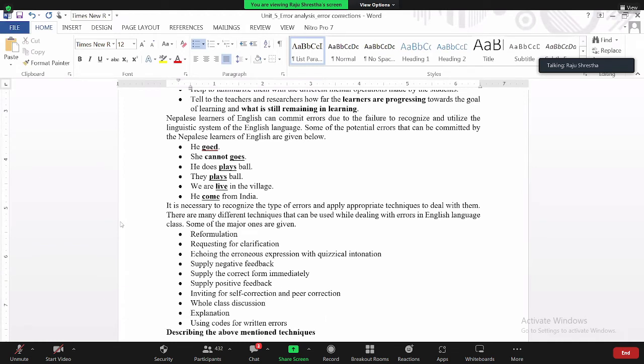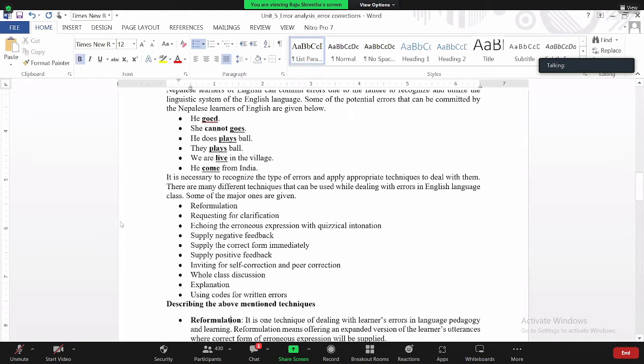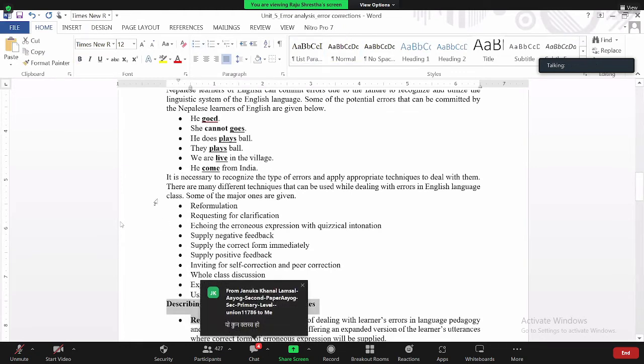Whole class discussion we can do, and the teacher can explain the rules and make the students aware: this is wrong because you have utilized this kind of pattern structure. Explanation we can do, and using some kind of codes also. For written errors we can check by using codes and symbols.